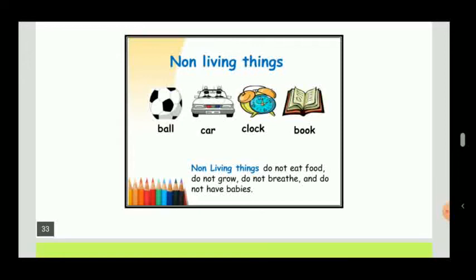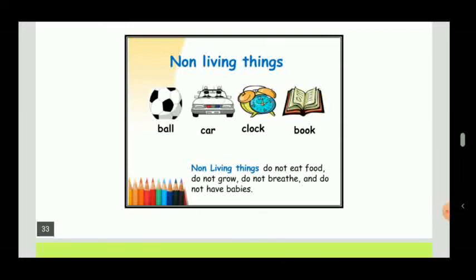A clock is working if you put a cell in it. Without a cell, the clock is not working. So the things that cannot grow, cannot breathe, and cannot have babies are called non-living things.